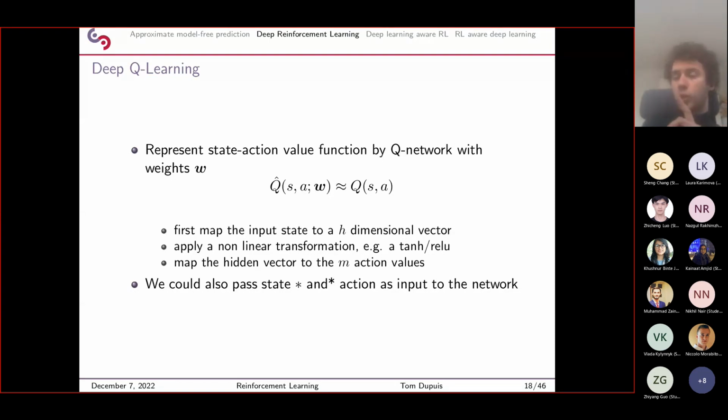So at every time you compute all state action values, because you have n heads to your network, or you give both state and action to your network and output a single value. This might be more practical, especially when you have a lot of different actions, still discrete, but you don't want to bother having a lot of outputs every time of your network.